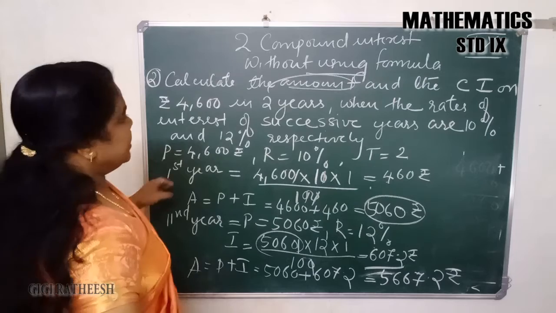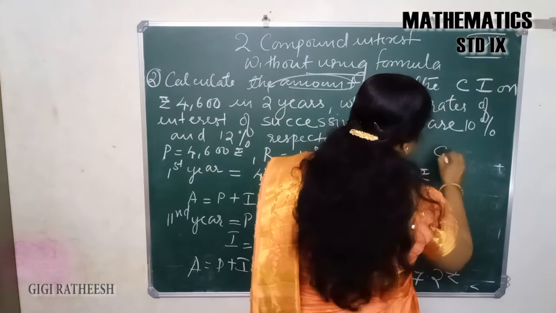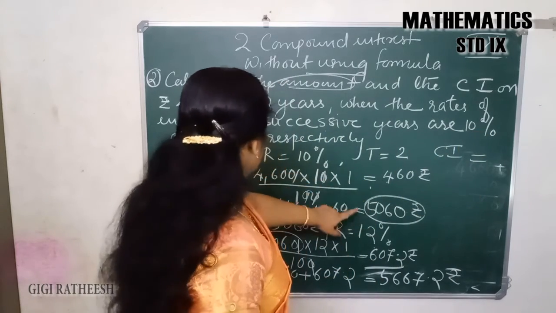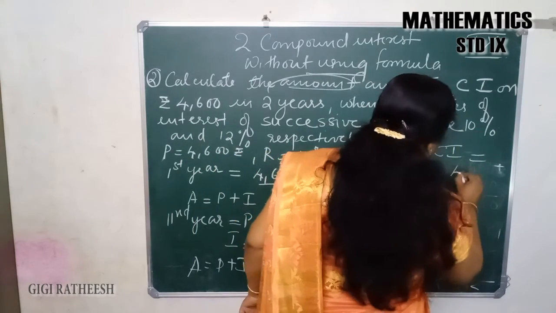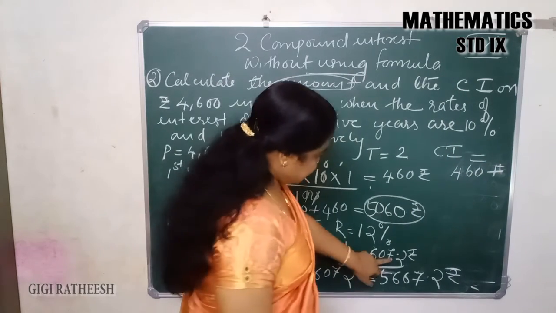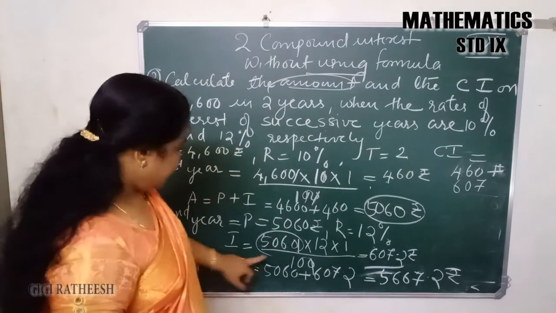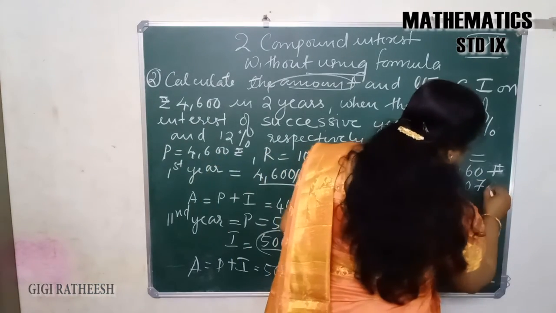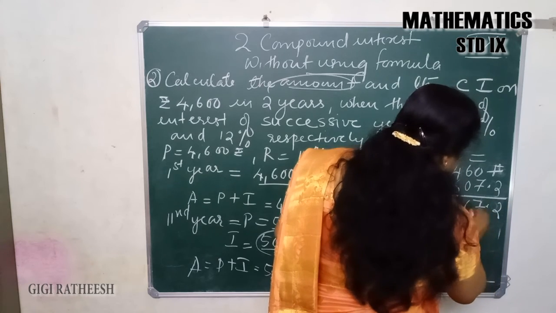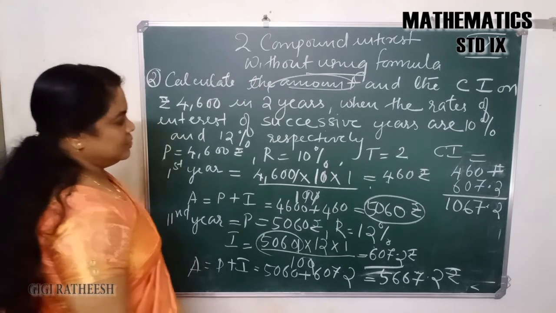And then the compound interest, CI, is equal to the interest of the first year, 460, plus the interest of the second year, 607.2, that is equal to 1067.2 rupees.